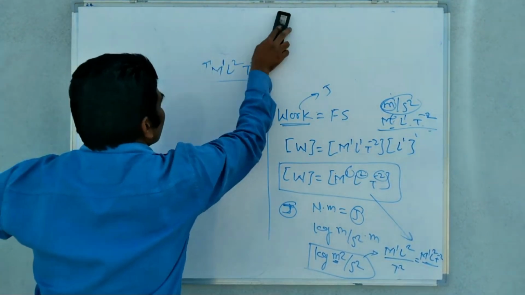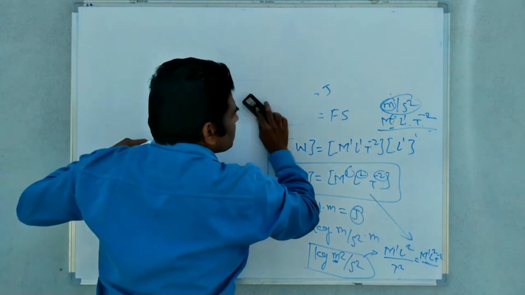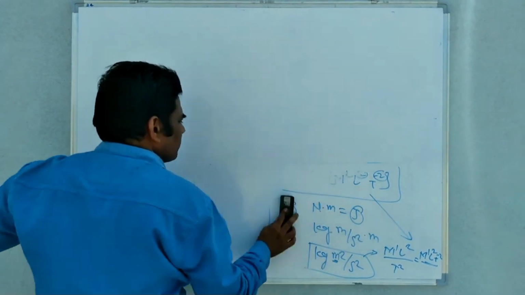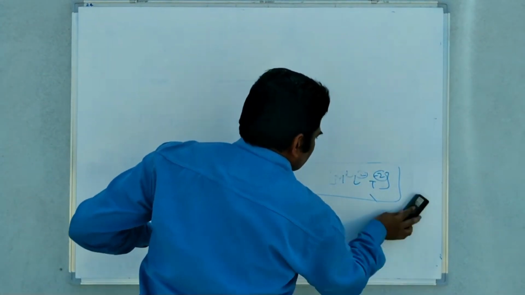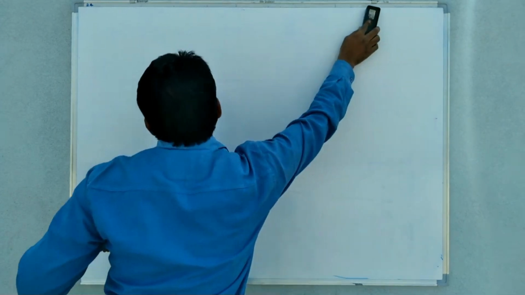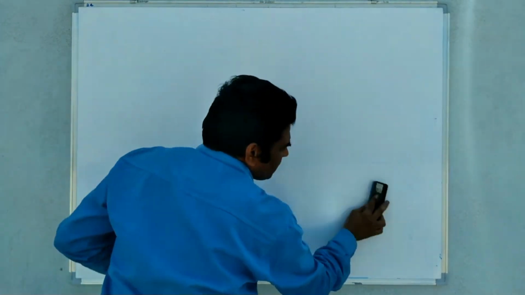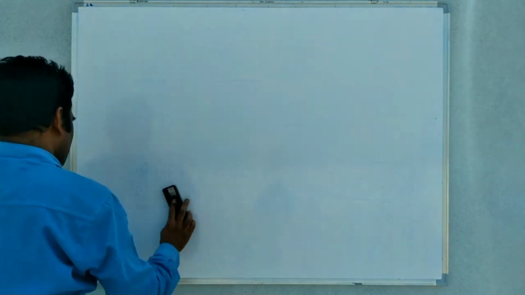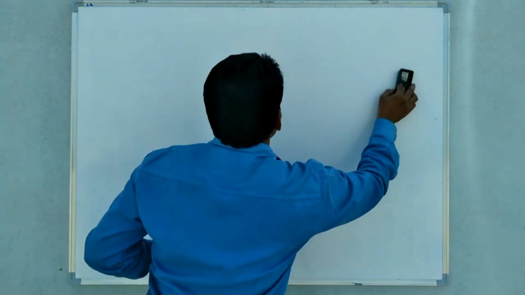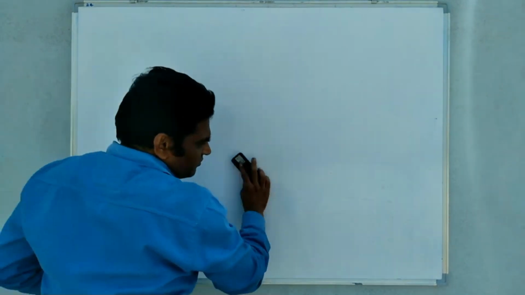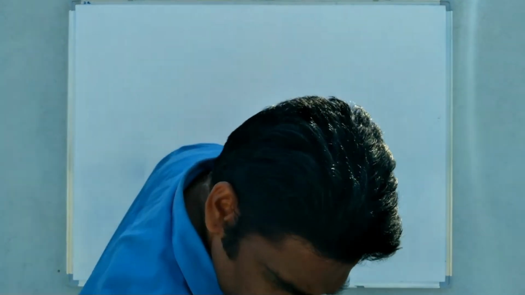Yes. Let us talk about momentum. What is momentum? Force is equal to ma. Momentum we have studied in laws of motion, and again we will study it in laws of motion. Okay.